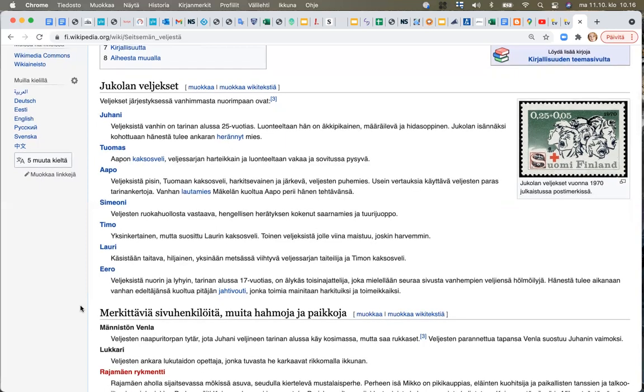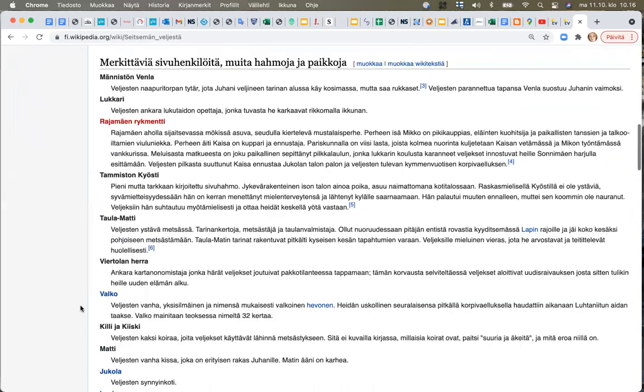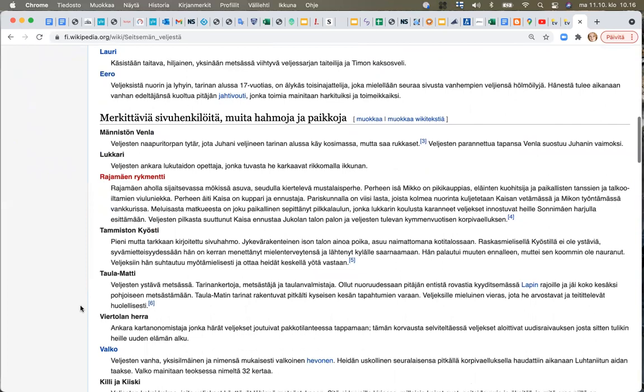Although, as these brothers at the beginning don't know how to read, it's not quite realistic in modern day Finland. Or maybe it is, I don't know. And as you can see, there are lots and lots of other characters too.